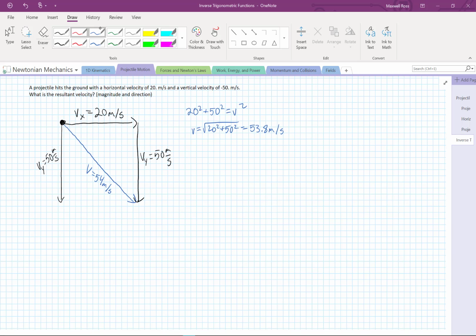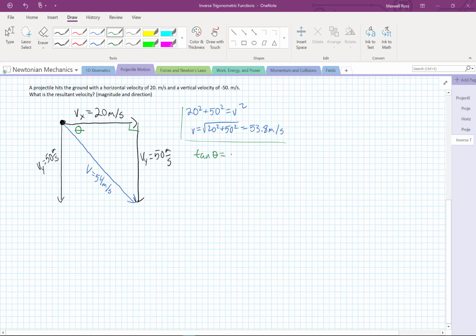I also need the direction. So I need to pick an angle, and I need to find this angle here. And this is the angle between the horizontal direction and my resultant vector. Now, we don't have any way of finding that angle right now. There are actually the trig functions which relate two sides to an angle. So for example, I could write out tangent of theta is opposite over adjacent.